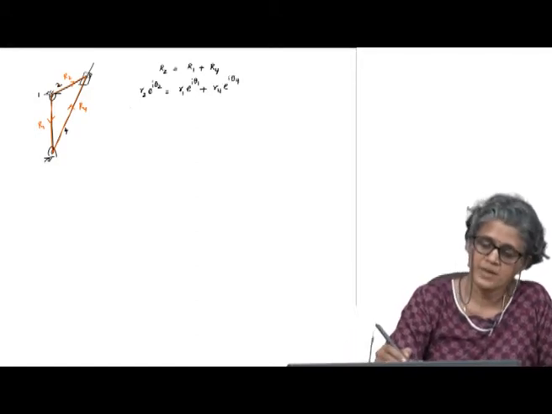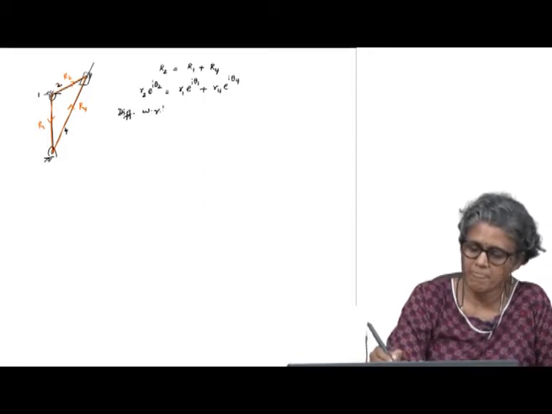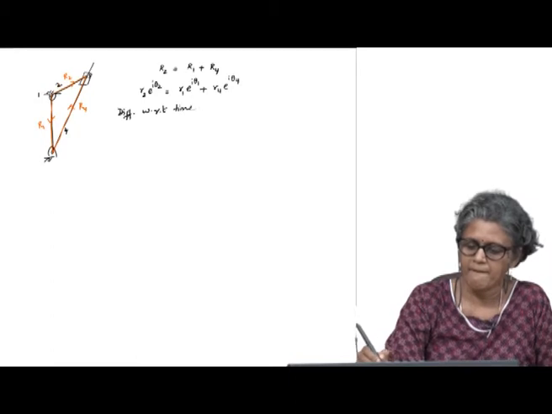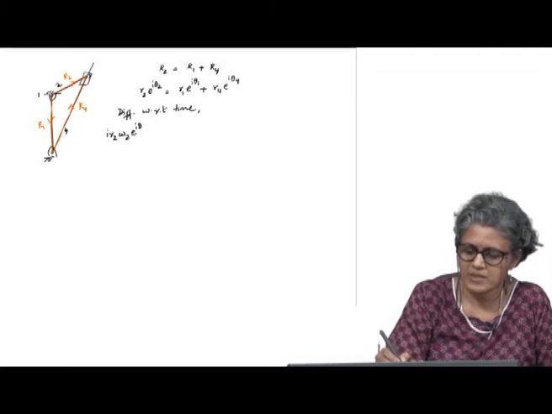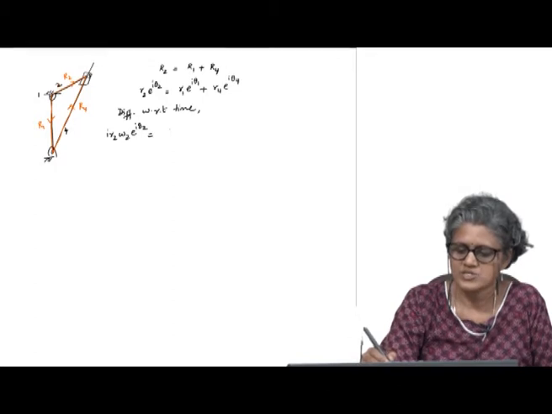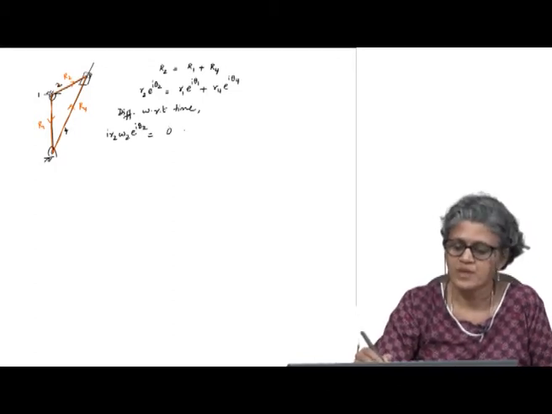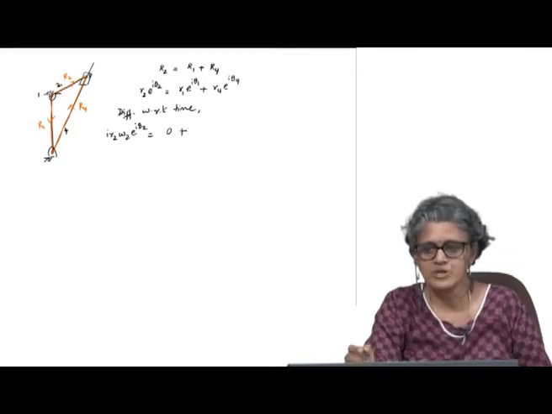Now, when I differentiate with respect to time, I have i R2 omega 2 e power i theta 2 equals R1 does not change, and when I differentiate this, R4 e power i theta 4.